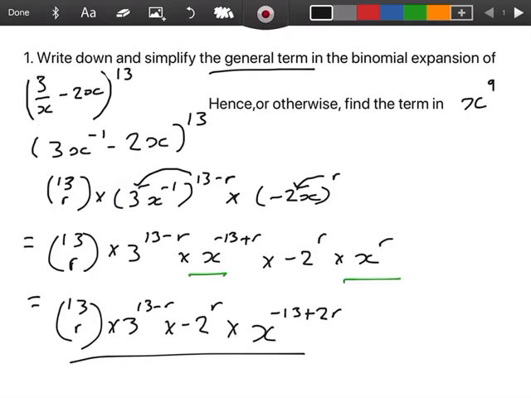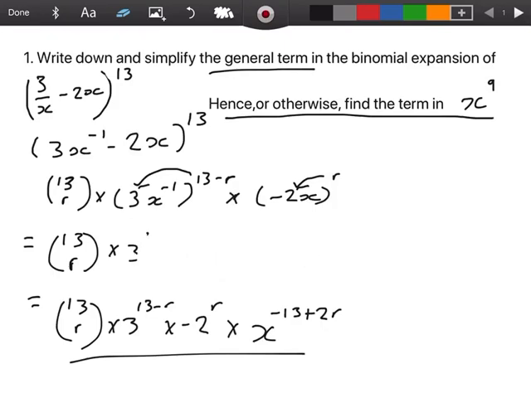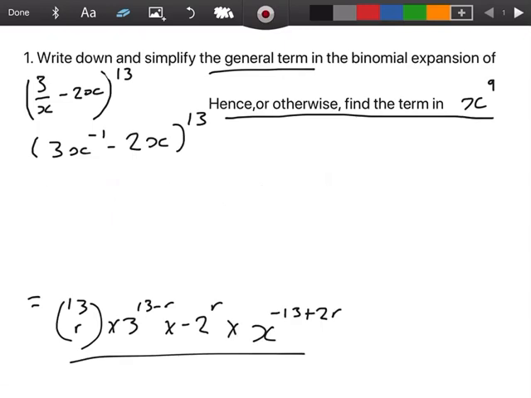And that's the general term, but if we look at the question, it's asking hence or otherwise find the term in x to the power of 9. So we haven't done the full question yet, we've only done part of it. So we'll rub out our working to give some space.